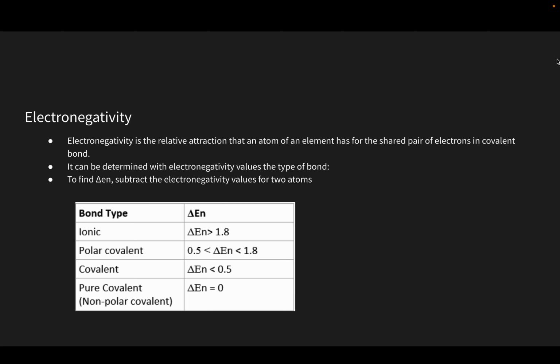So basically here, to understand the type of bond, you have to subtract the electronegativity value of one atom from another, and the given value will show you the type, like ionic, polar covalent, or pure covalent.